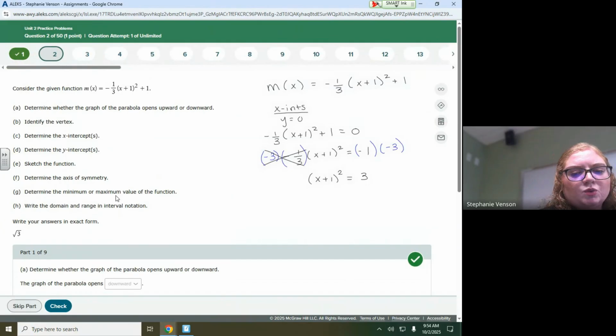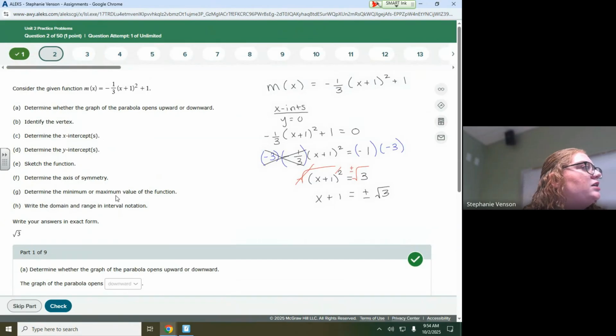So now I'm at the place where I can take the square root of both sides. The square root and the square cancel. So x plus 1 equals plus or minus the square root of 3. And don't forget your plus or minus when we take the square root of both sides.